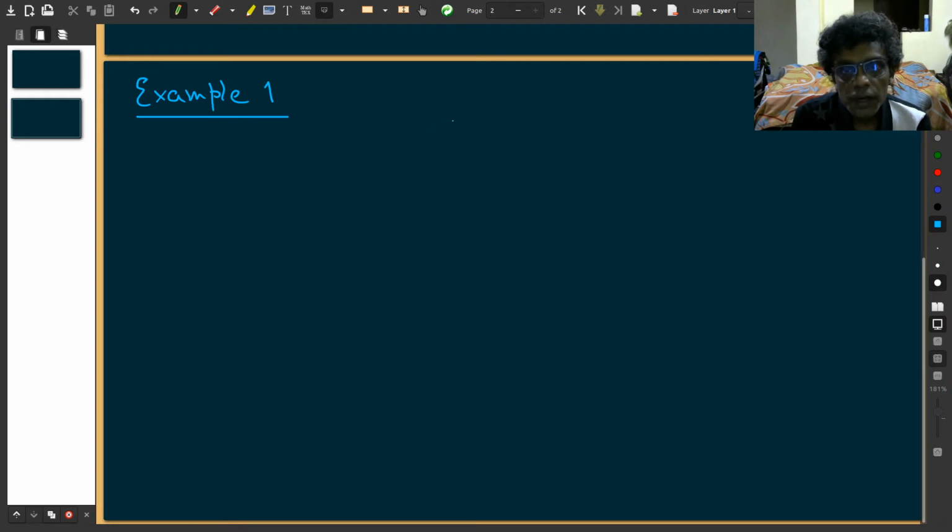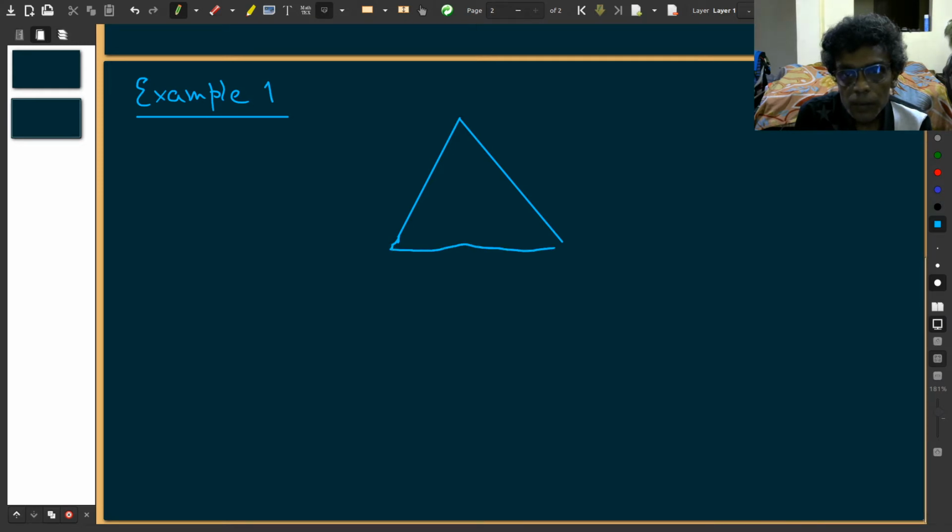Suppose that you are given an equilateral triangle. Okay, so this is an equilateral triangle, although the picture does not look like that.